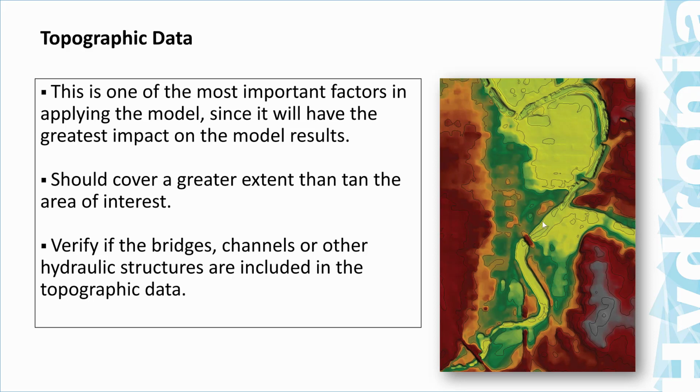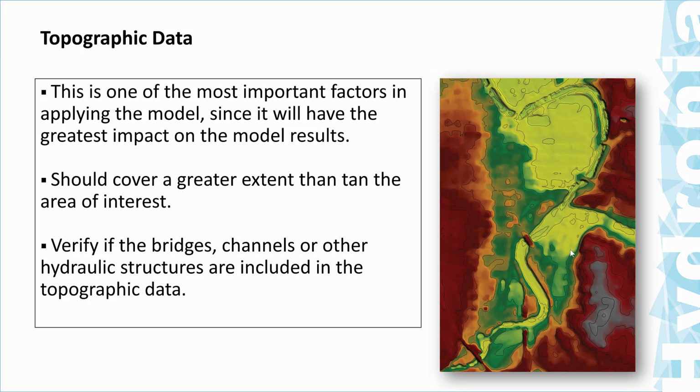So this is okay, this is not okay, and this is also another one that is not okay. So if you were to use a 2D model here, like hydrobid flood, what would happen is that the flow will find this bridge and then go over the top and go all over the place, and it will not give you good results.